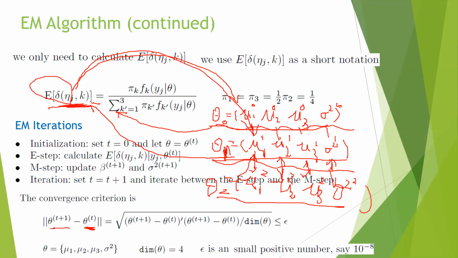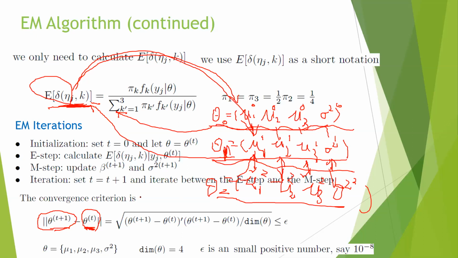So at each step we want to evaluate how close the values you estimated for these parameters at time t plus 1 are to the values you estimated at the previous step.